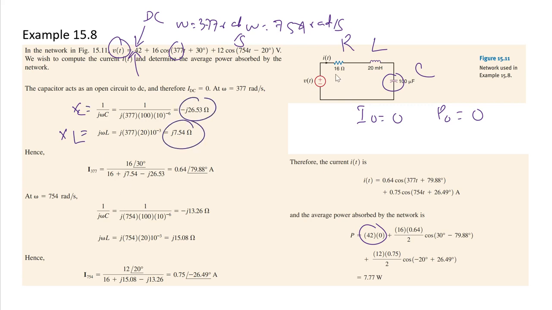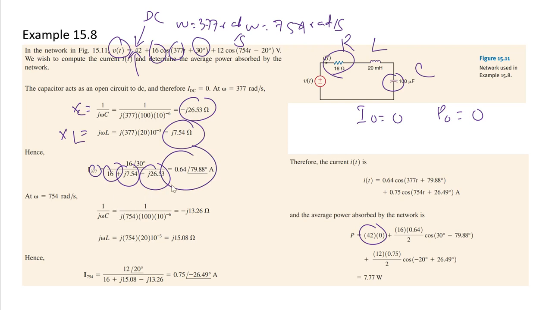We already have the resistance in terms of R, so this whole path would be R plus XL plus XC. So I is equal to V by these things. So what is the V in this case? Since we are calculating it for 377, V would be 16 angle 30 degrees. So for that we got I equal to this thing.